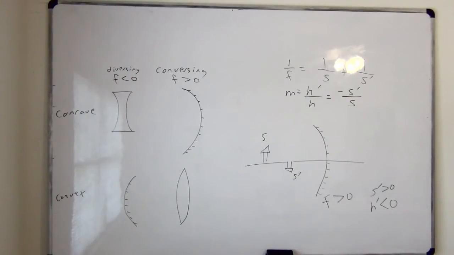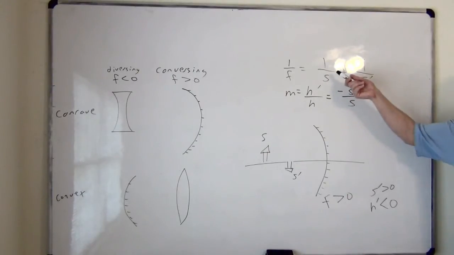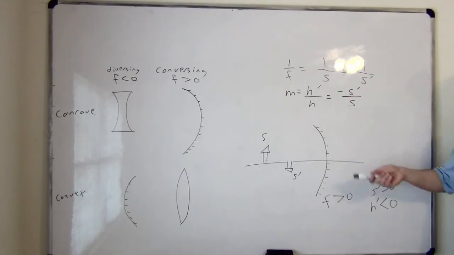Anything else? S is positive. That's right. Now, S is always positive, except for some hard multiple device problems. But if there's only one lens or mirror, S is always positive. Good. Anything else? H is positive. That's right.